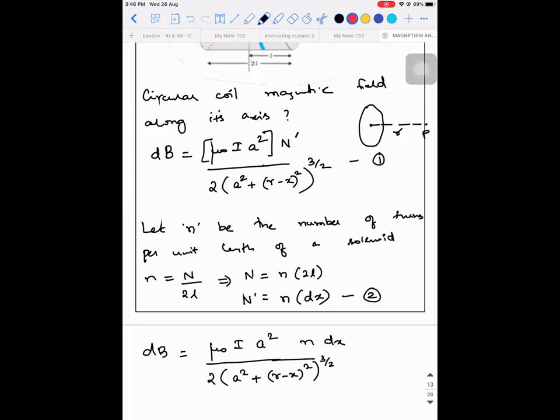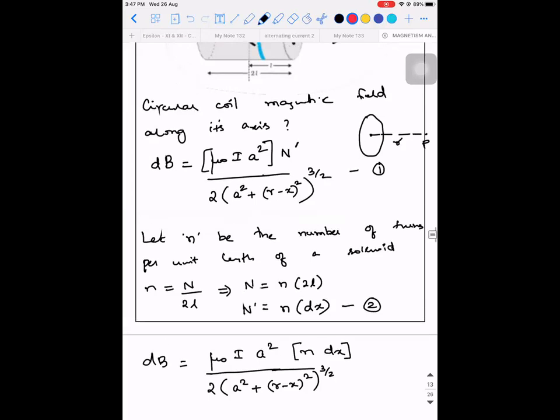So mu naught I a square, in the place of n dash, I'm writing it as small n into dx, divided by 2 into a square plus x square, the whole power 3 by 2. Guys, you have to respond whether you're able to understand or not.